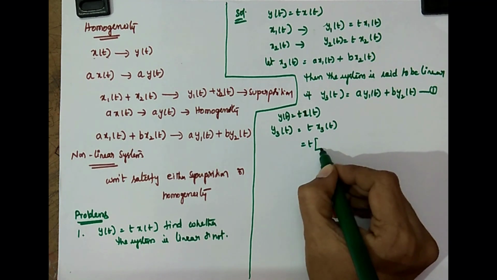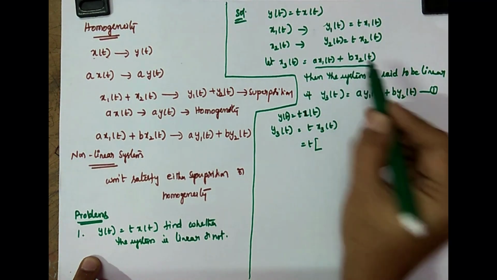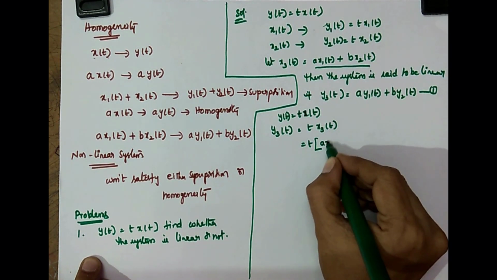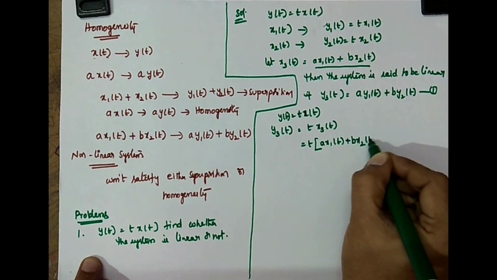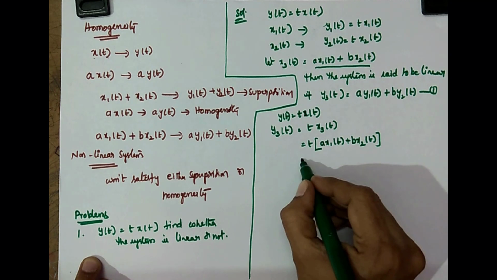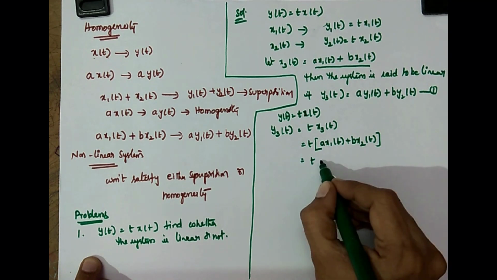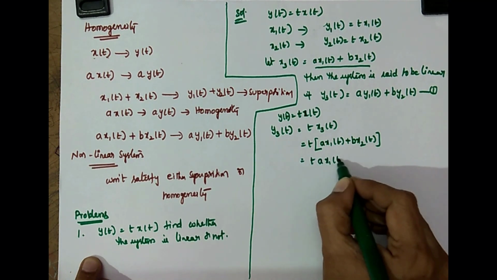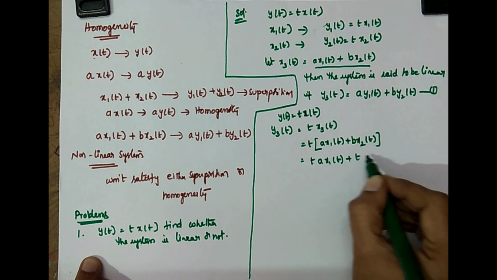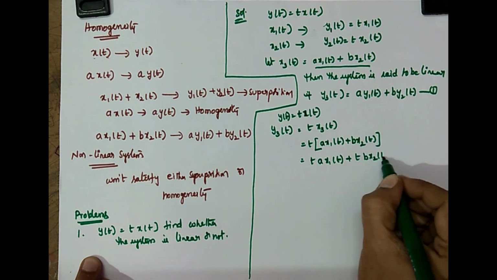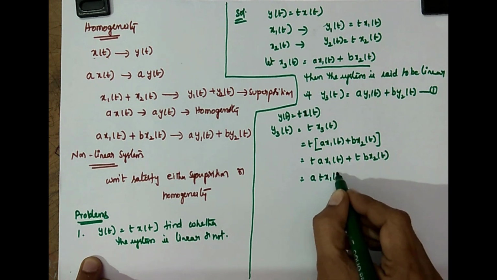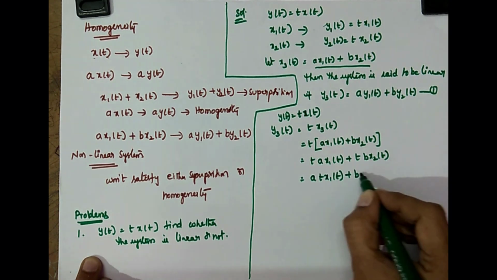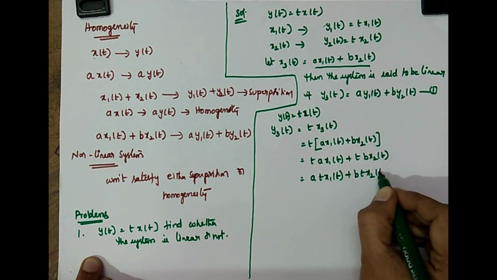Now in the place of x3 of t, you substitute a into x1 of t plus b into x2 of t. What are you going to get? T into a into x1 of t plus t into b into x2 of t, which is a into t x1 of t plus b into t x2 of t.